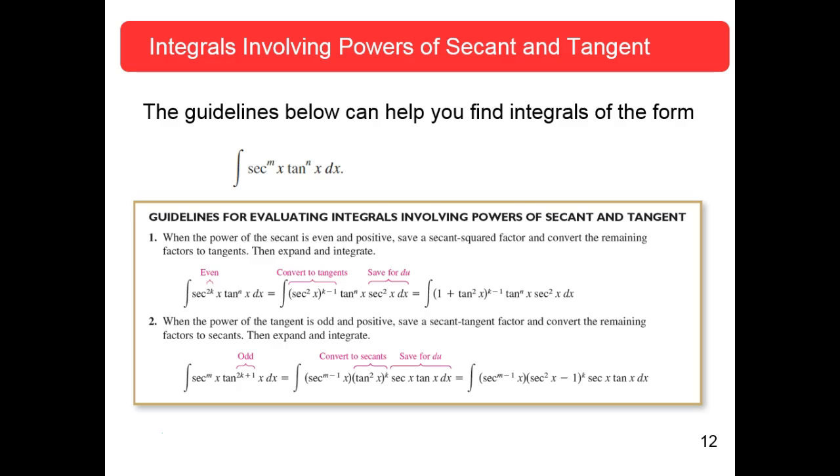When the power of secant is even, that m is even and positive, save a secant squared factor, because that is the derivative of tangent, right? So we save that out. And then the rest of them are still even because the secant's even, and then use the Pythagorean identity to get the remaining even secant powers into even tangent powers. So convert those remaining factors to tangents. Then you expand and integrate, whatever it takes.